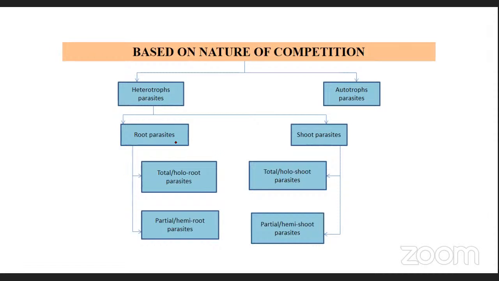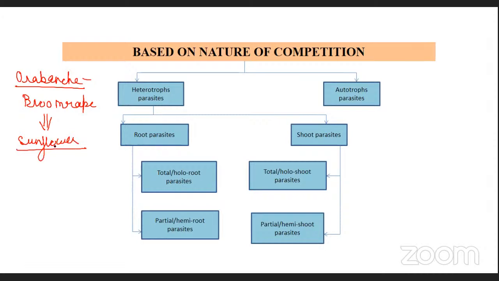Now, this Orobanche, some characteristic features I am telling you about this Orobanche also. Just write it down. The common English name is broomrape, and this also attacks the sunflower.